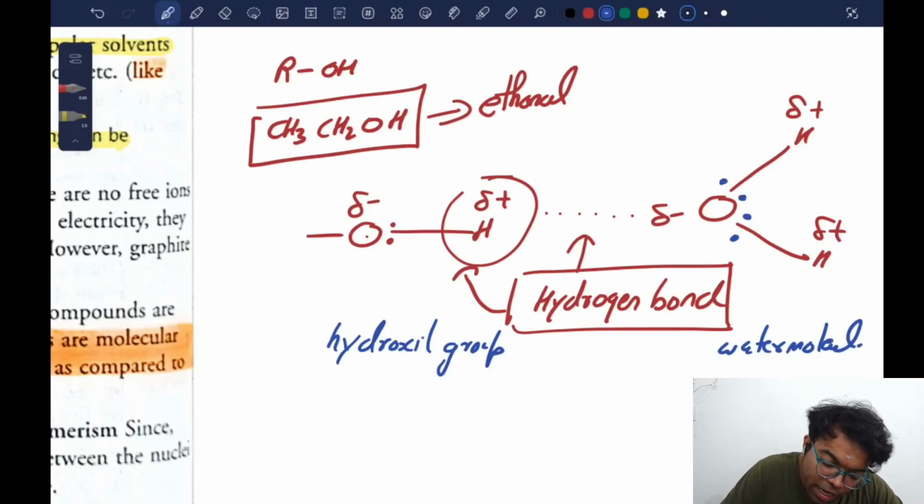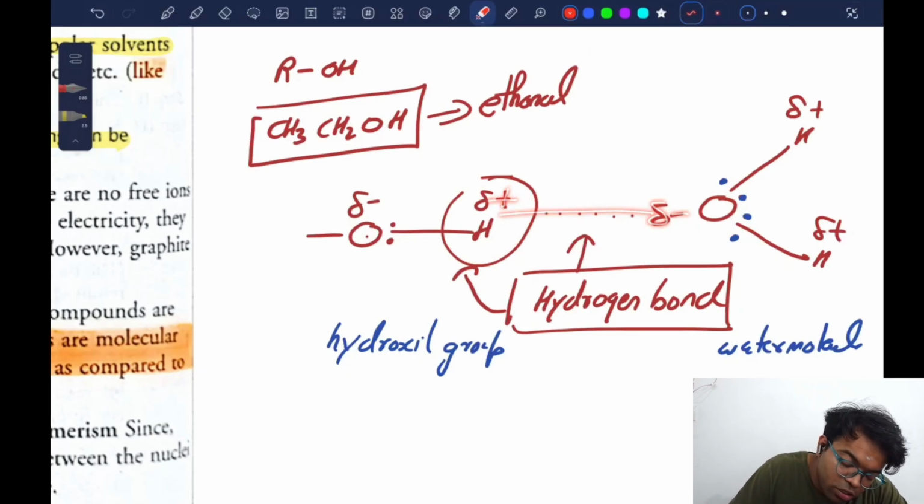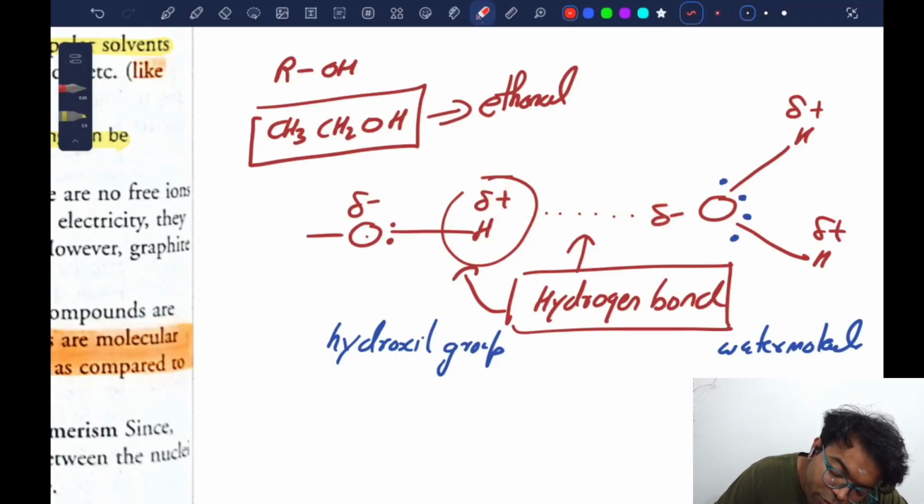So this hydrogen is now attracted by this oxygen because of this hydrogen's positivity and this oxygen's negativity. Instead of forming an actual bond like a covalent bond, an ionic bond, or a coordinate bond, they are forming a hydrogen bond. So this is known as a polar bond.